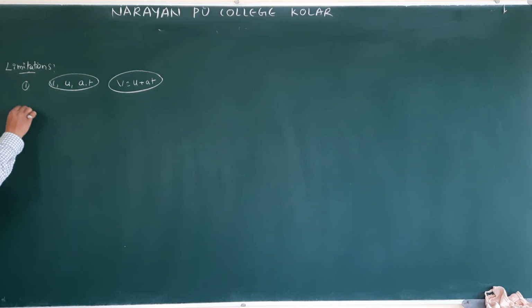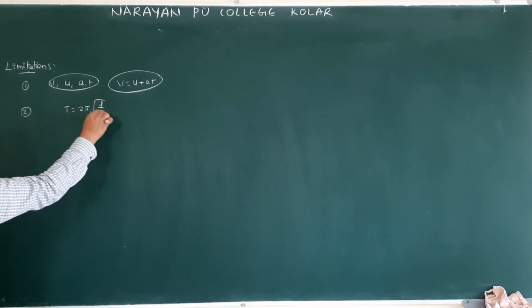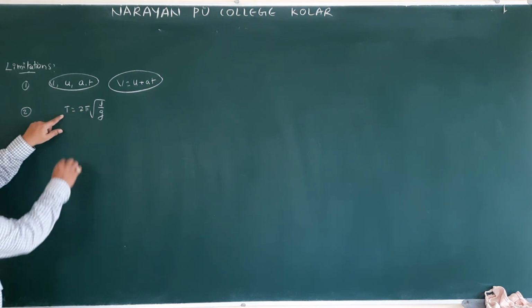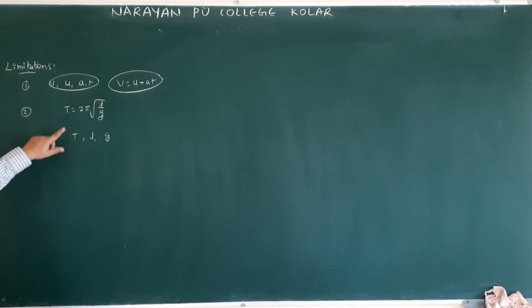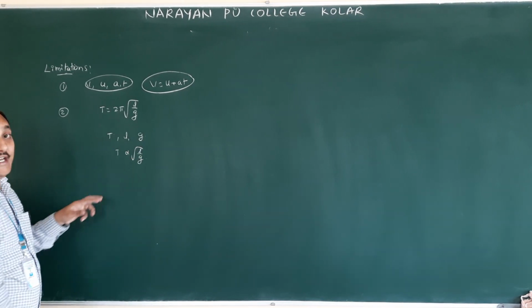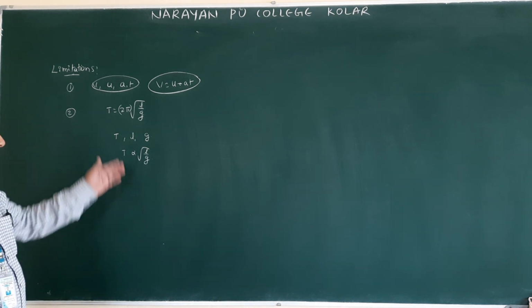Next, the second one. You came to this equation very well: T is equal to 2 pi root L by g. Here 2 pi is a constant. If there is a relation between time period, length and acceleration due to gravity, you will get the relation only like this. It will not give information about dimensionless constants.